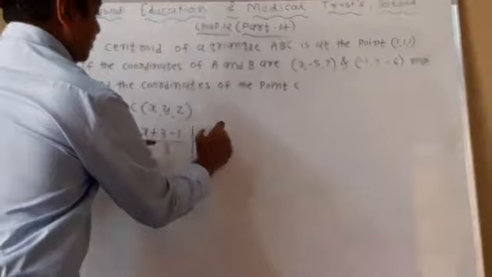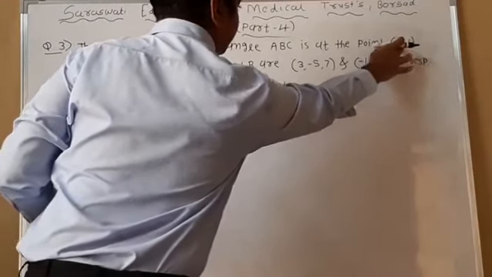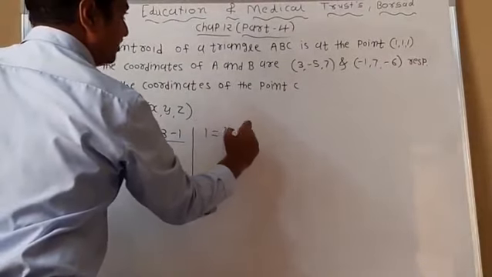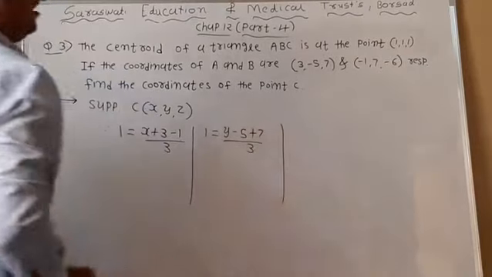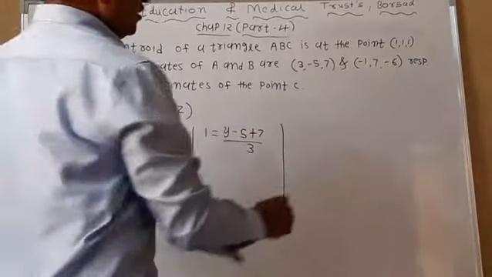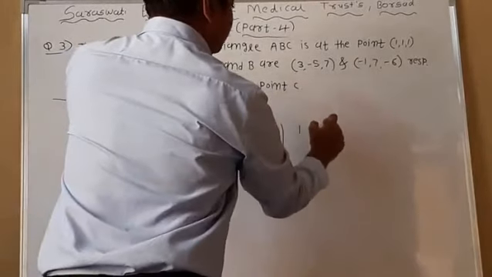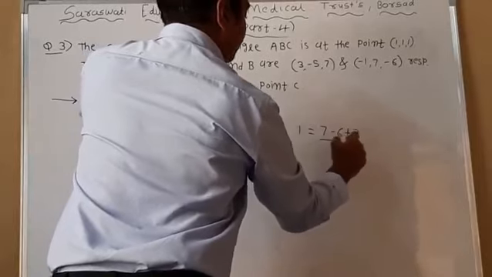Right, the y coordinate of the centroid is given as 1. So 1 is equal to (y - 5 + 7) divided by 3. And the z coordinate of the centroid is 1. So 1 is equal to (7 - 6 + z) divided by 3.